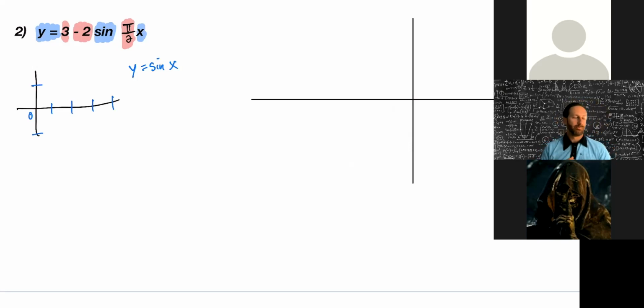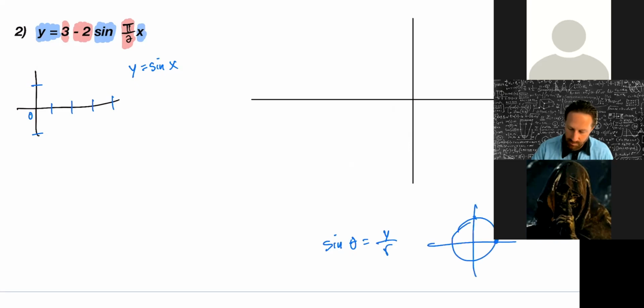What do I know? What does the graph of sine look like? Remember, what do we say sine is always equal to? Y over R. And if we're on the unit circle, it's equal to Y. And where does my y value start at? 0.